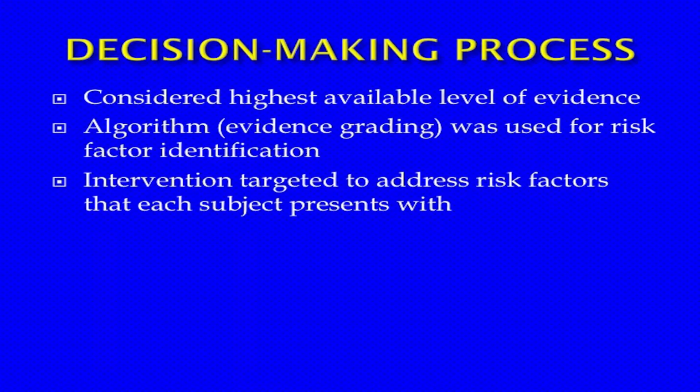The decision-making process for the intervention: we considered the highest available level of evidence, and prior to the study we had created an algorithm that can be used by clinicians for risk factor identification, and this was a study on its own. And the interventions were targeted to address the risk factors that each subject presented with, so it was individually tailored.